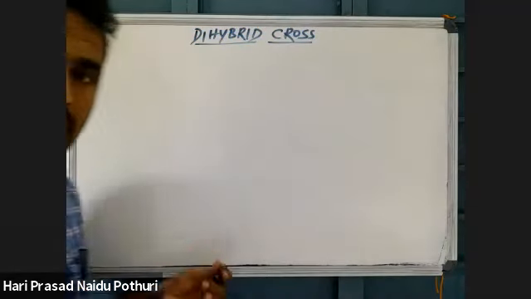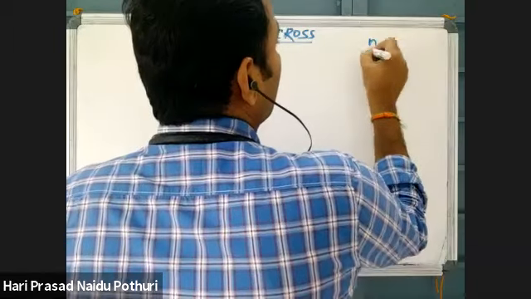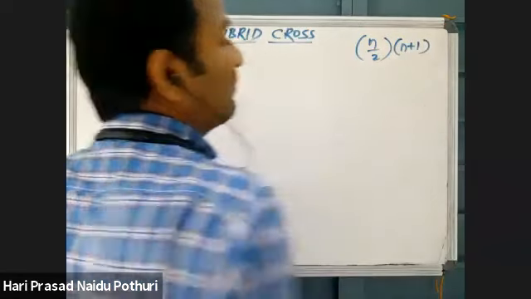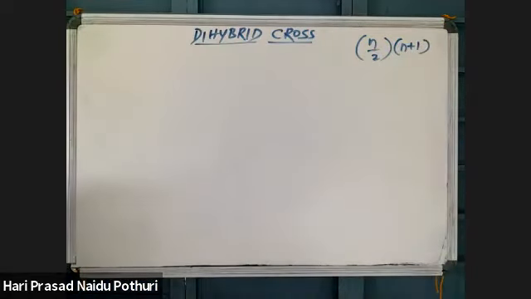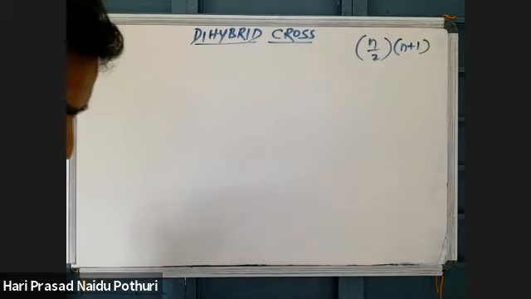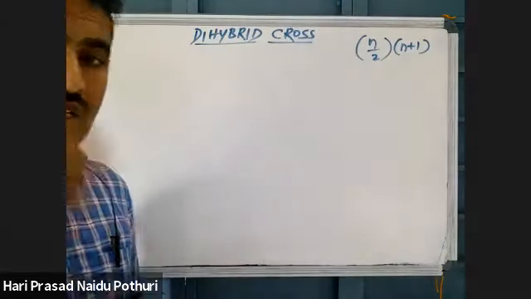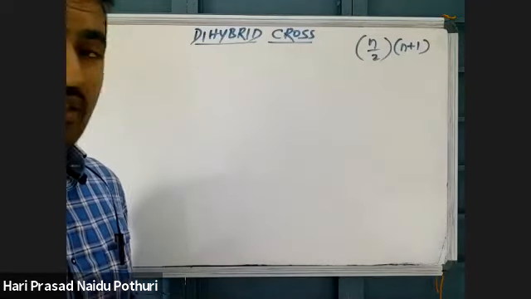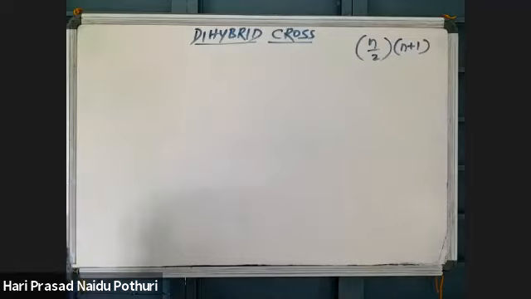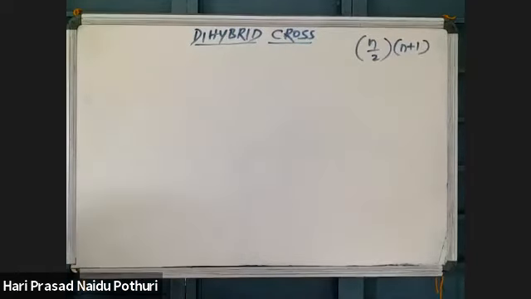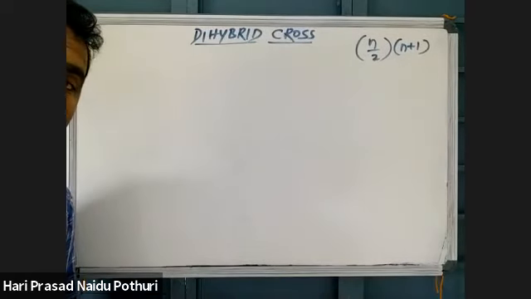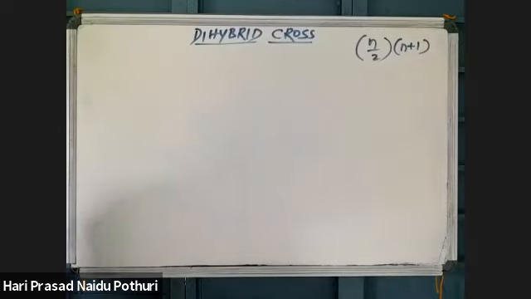Test cross, once again the formula: n/2 into n plus 1. So monohybrid crosses were conducted. In addition to that, Mendel conducted test cross and back cross, and with the help of those he explained the two laws: law of dominance and law of segregation.